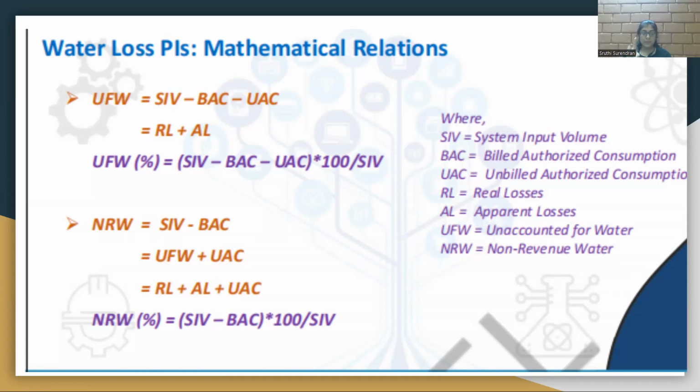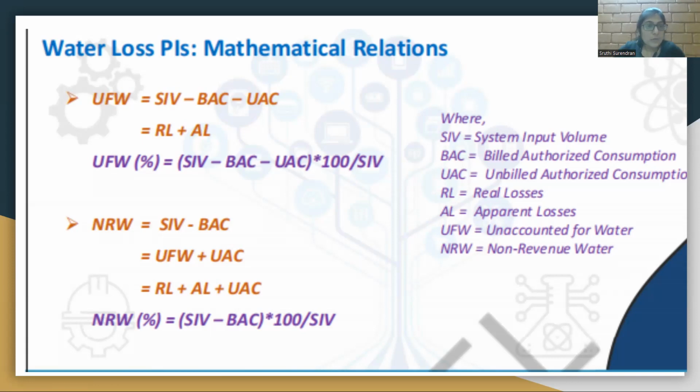So we have two types of separation from the system input volume: one is the authorized consumption and one is the losses. In authorized consumption, there is billed authorized consumption and unbilled authorized consumption. In losses, there are real losses and apparent losses. Real losses are the losses occurring due to leakage. Apparent losses are the losses occurring as a result of meter default.